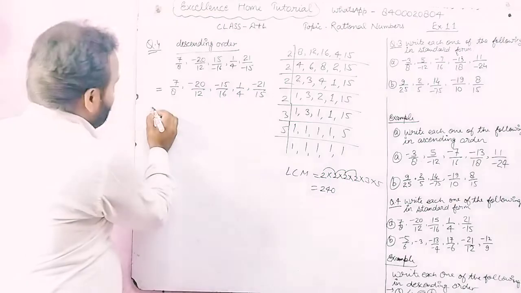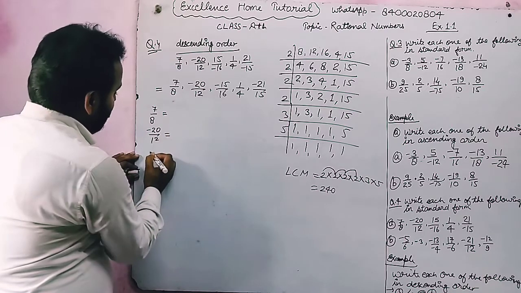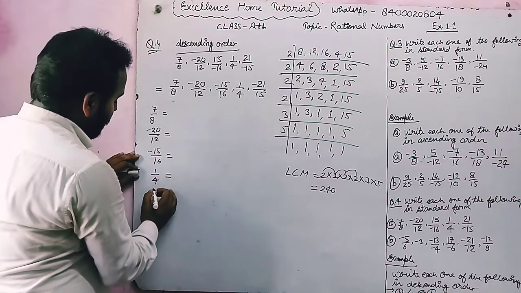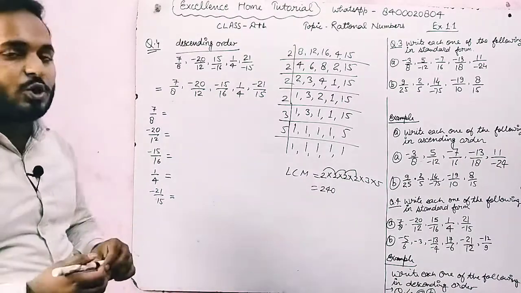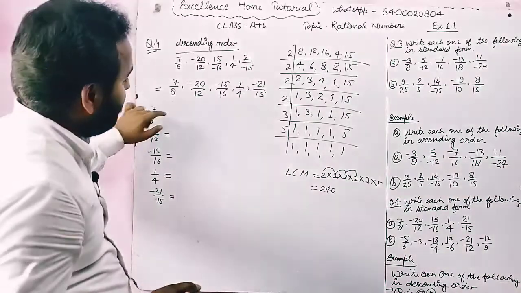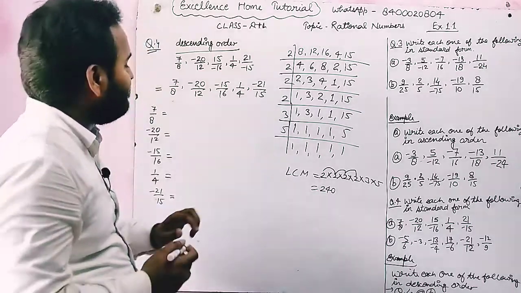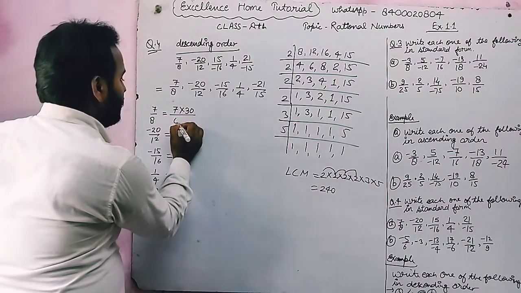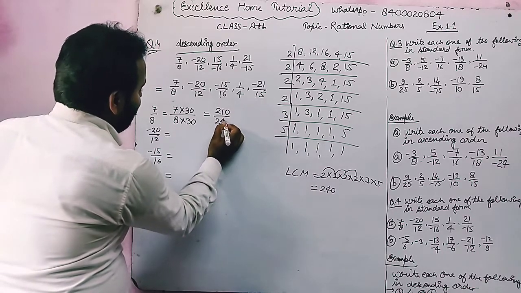Let's start: 7 by 8, minus 20 by 12, minus 15 by 16, 1 by 4, minus 21 by 15, each equal to something over 240. For 8, we remove 2 twos are 4, 2 fours are 8. Remaining is 3 twos are 6, 5 sixes are 30. So we multiply numerator and denominator by 30, and the result is 210 by 240.